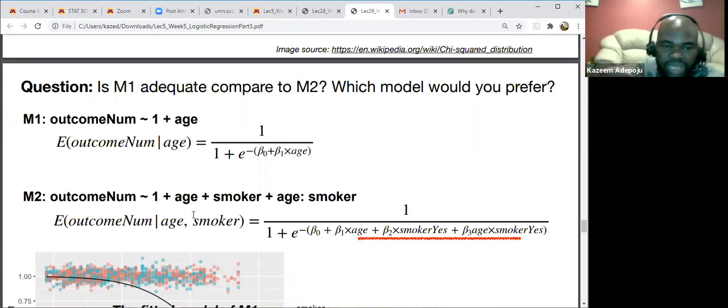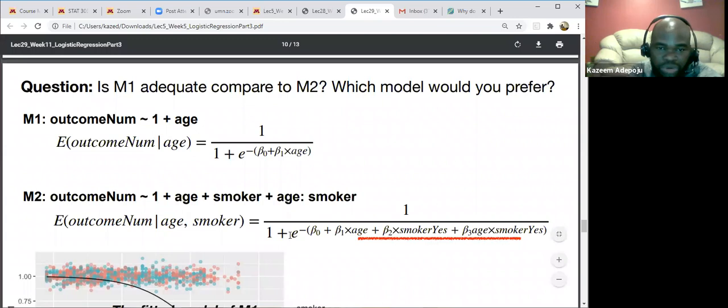But right here we are looking at the effect of both age, smoking, and the interaction. Under the null hypothesis, you're going to have the simpler model. Why is it simpler? Because it contains fewer regressors. Here, how many regressors do I have? 1, 2. And here? 1, 2, 3, 4.